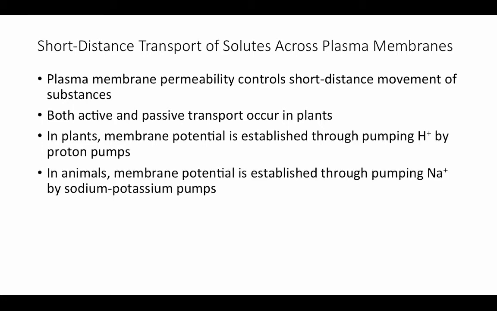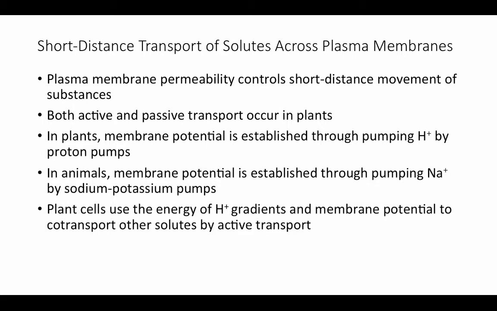So this is in contrast to how that membrane potential is developed in animals, which was, remember, using that sodium-potassium pump, pumping out 3 sodium ions for every 2 potassium ions that are pumped in, creating that difference in charge, negative on the inside, positive on the outside. So remember that these electrochemical gradients are a source of potential energy.